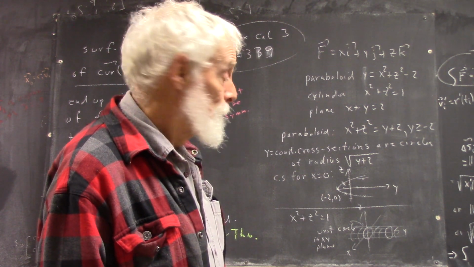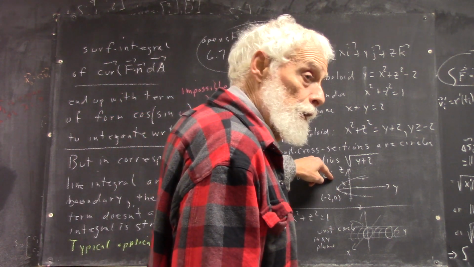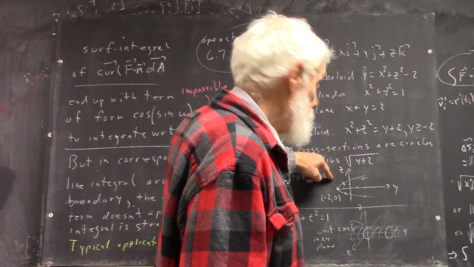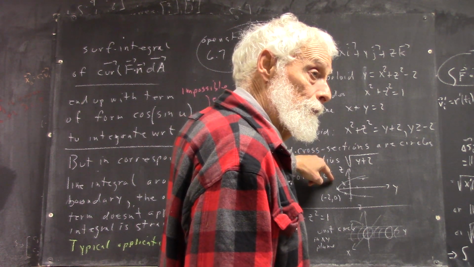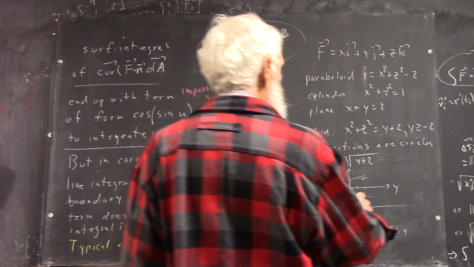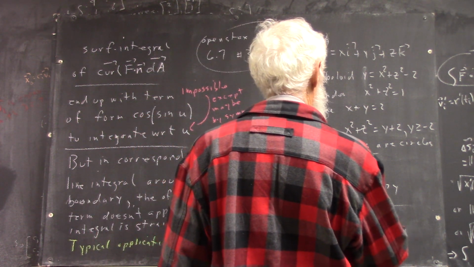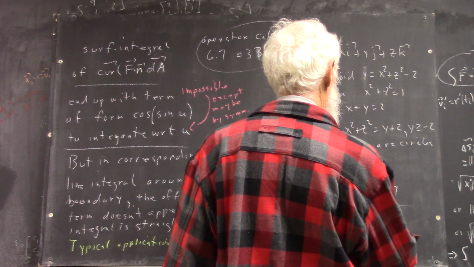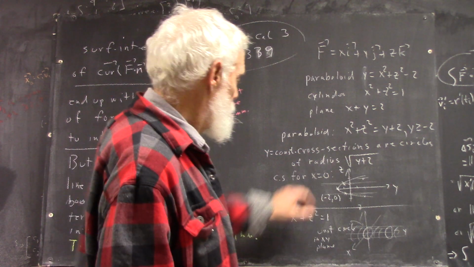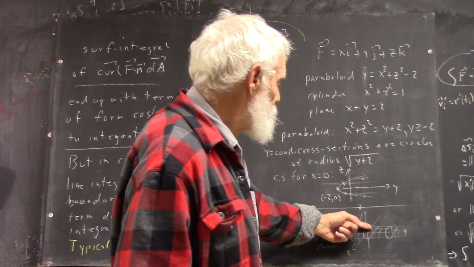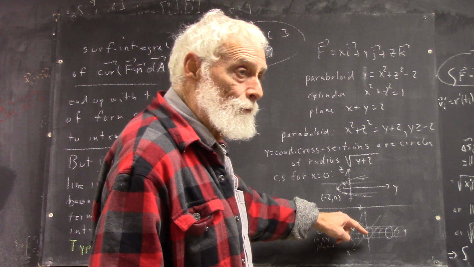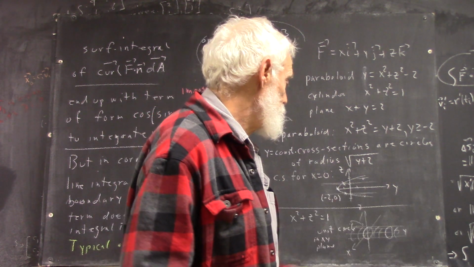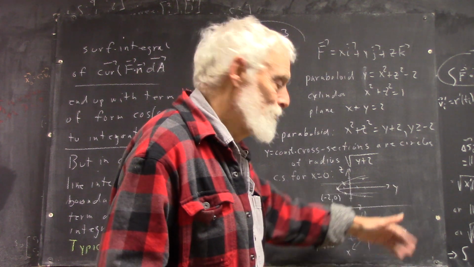Now how does that articulate with the paraboloid? It gives a rounded base to it. It's going to cut it here, because this is just a solid of revolution of the line z equals 1.